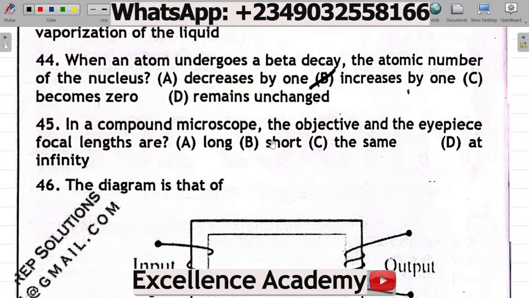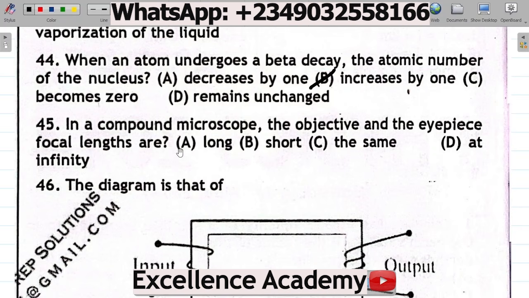Next up, 45. 45 says, in a compound microscope, the objective and the eyepiece focal lengths are: A. long, B. short, C. the same, D. at infinity. So what is the correct answer for this question?